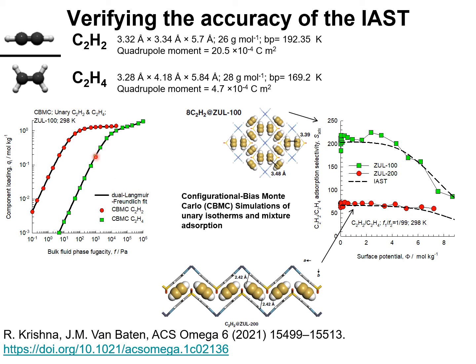The continuous solid lines are the dual Langmuir-Freundlich fits. The data for the unary isotherms are obtained using configurational Bayes Monte Carlo simulations of the unary isotherms and also for the mixture.